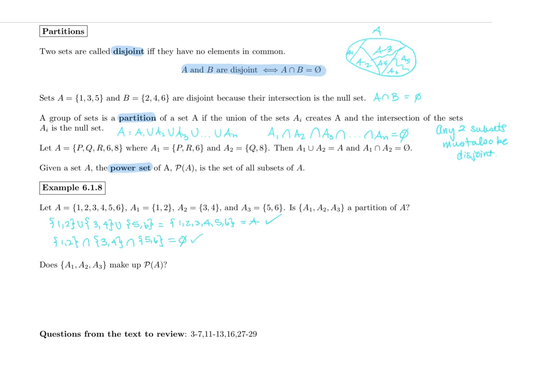It sure is. And in fact, A1 intersected with A2 is null. A1 intersected with A3 is null, and A2 intersected with A3 is also null. So yes, the set {A1, A2, A3} is a partition of A.